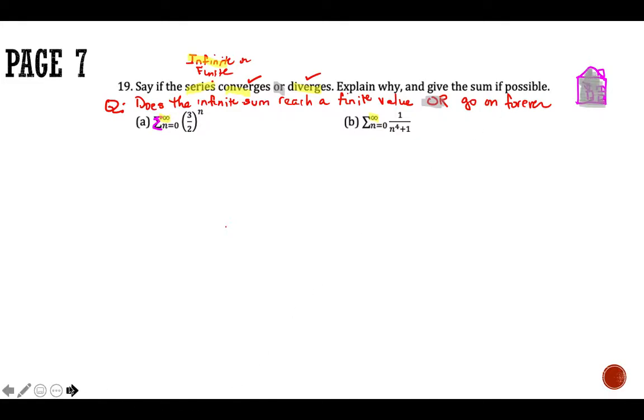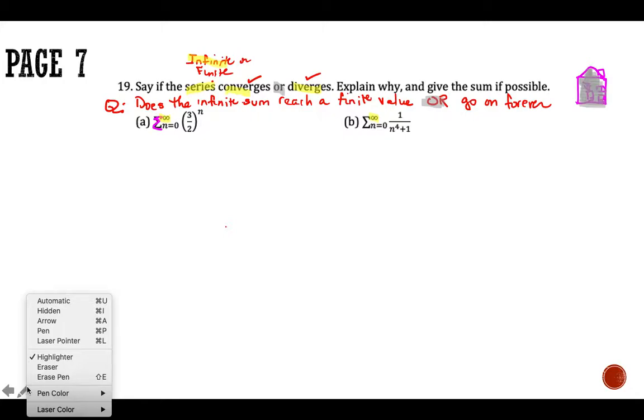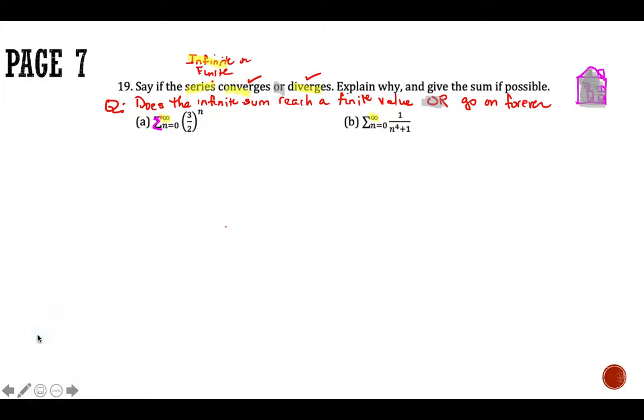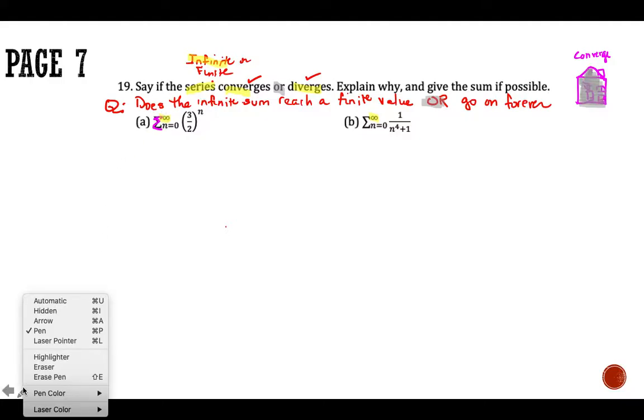Converging means the values that you are adding as you go off to infinity are so infinitesimally small, they never go above the roof. That's converging. You're summing such small numbers that you never get out of the house.